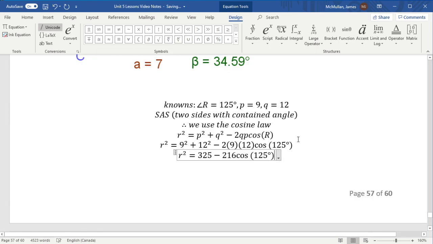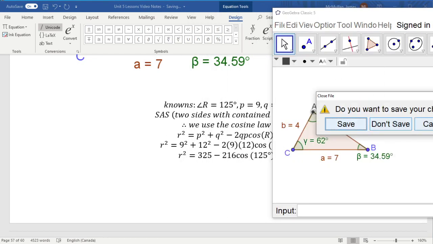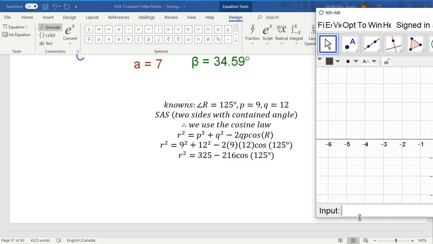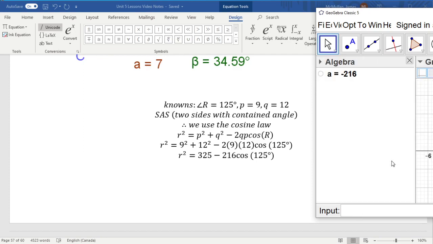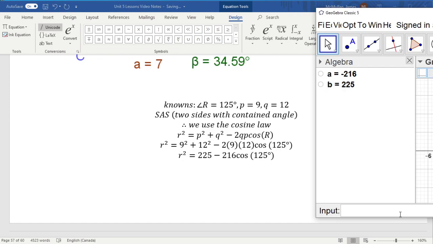Let's just check that quickly. 9 squared plus 12 squared minus 2 times 9 times 12. Sorry, let's just do it this way. Okay, so 216 was right. 9 squared plus 12 squared is 225. Okay, good, glad I checked that. And then we have cos 125.